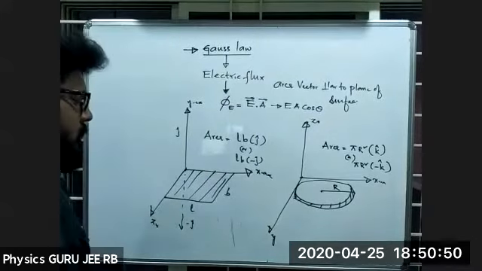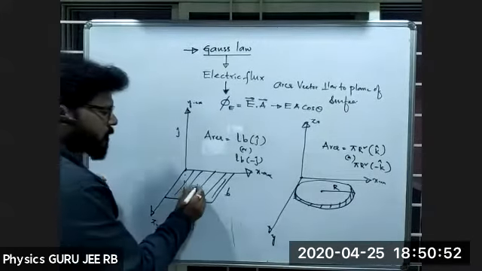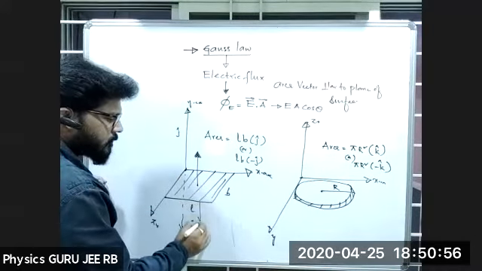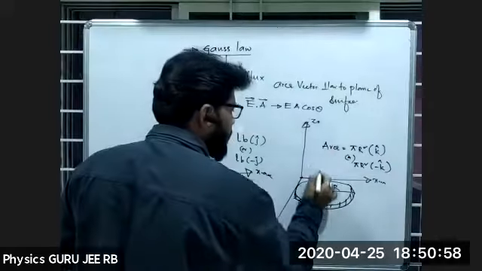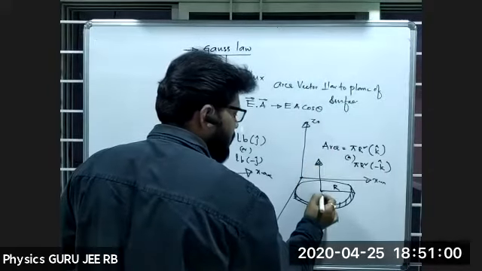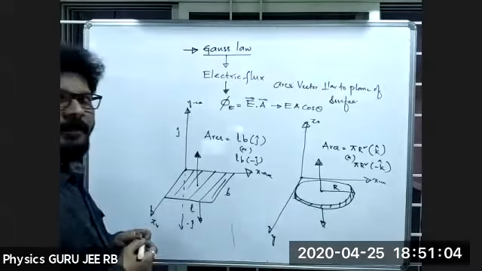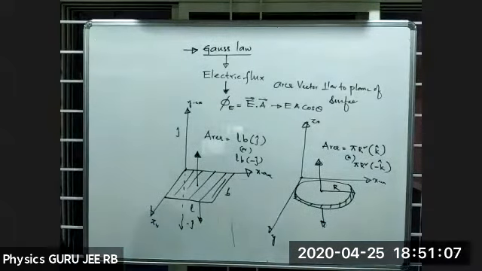That means it is normal to the surface. Here upwards, and here downwards. This is the area direction, normally outward from the surface.